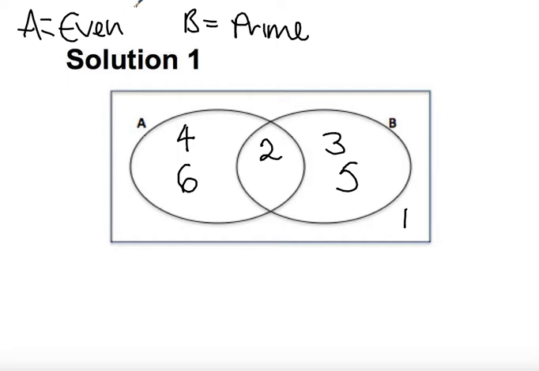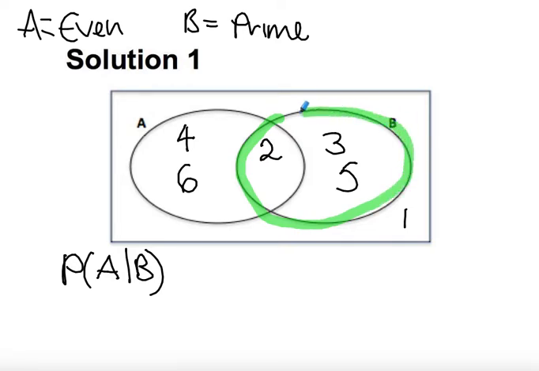So, what happens in this question? We've said, what is the probability that the number rolled is even given that it is prime? So what I'm saying is, probability of A given B. If I just use a highlighter pen, we're being told, because it's prime, it must only be one of these 3 possible outcomes.